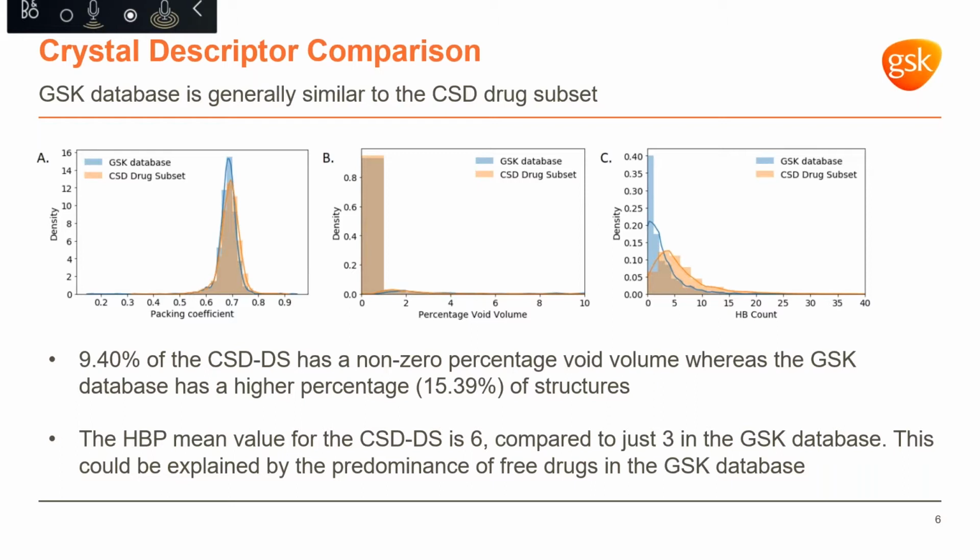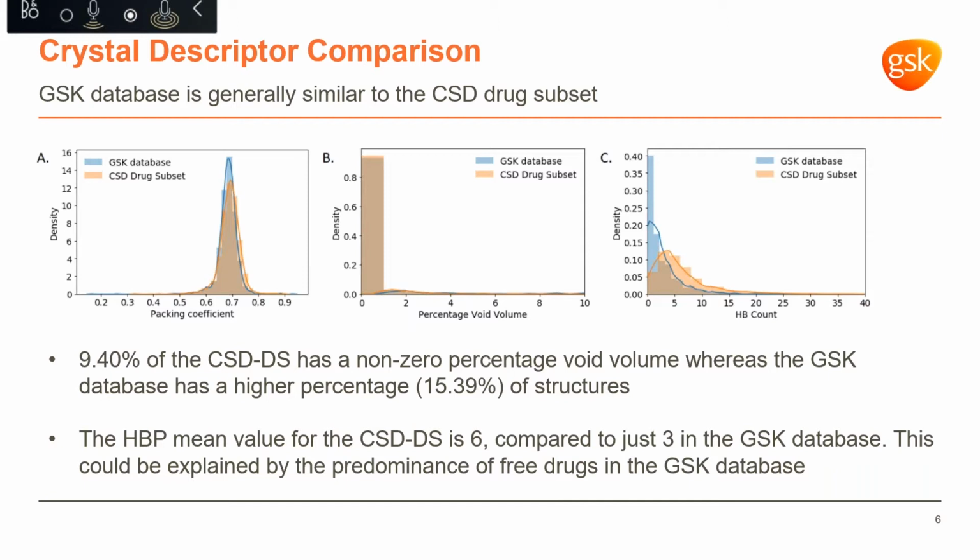The packing distributions of these two databases are very similar, as shown, and they also agree well with those originally reported for aromatic molecules, which range from 0.6 to 0.8 as packing coefficients.